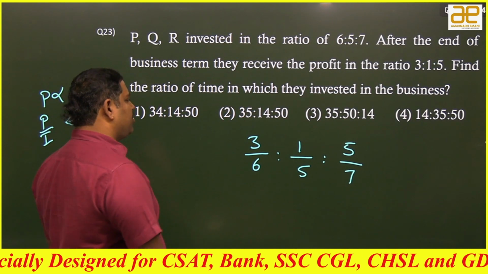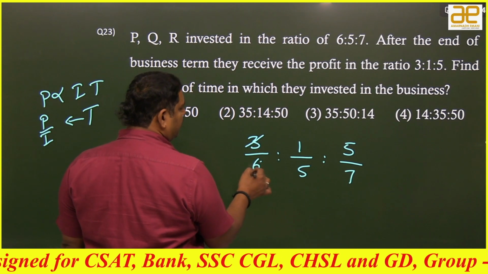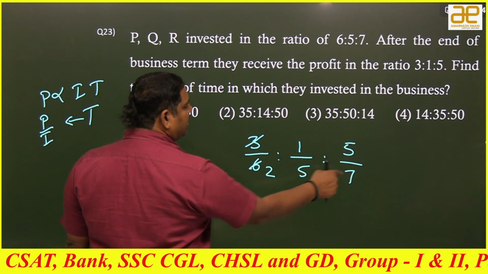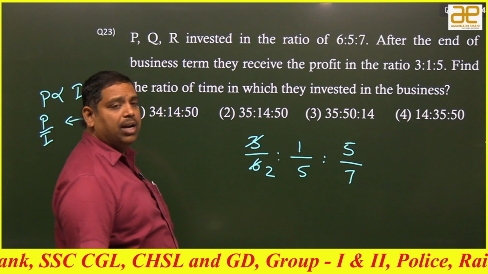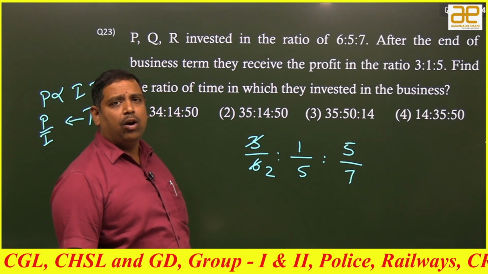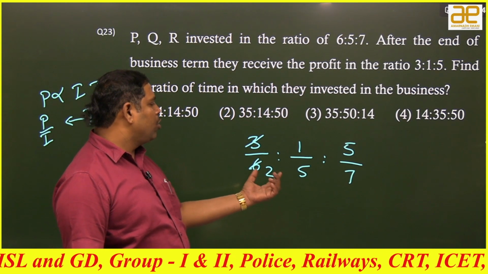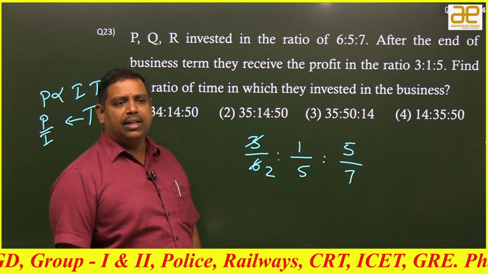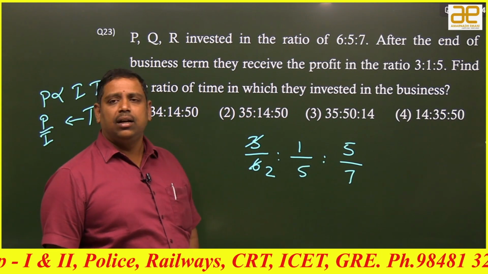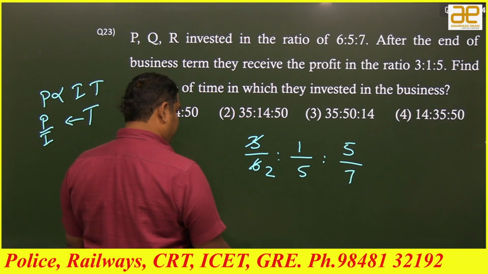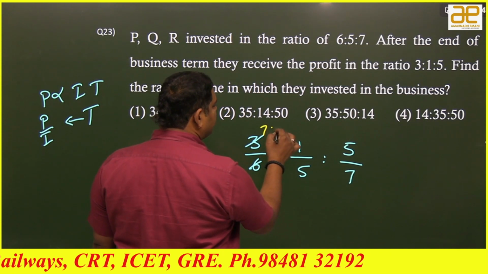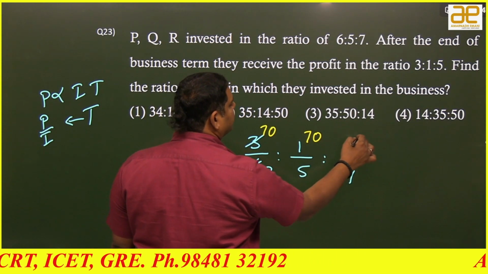So happily, the easiest question. Cancel with the 3: 3 1s, 3 2s. And now 2, 5, 7. We have to go with the LCM and multiply. 2, 5, 7 are all co-primes to each other, so the multiplication is the LCM. 2 times 5 times 7 is 70. If I multiply each number with the same number, the value doesn't alter.